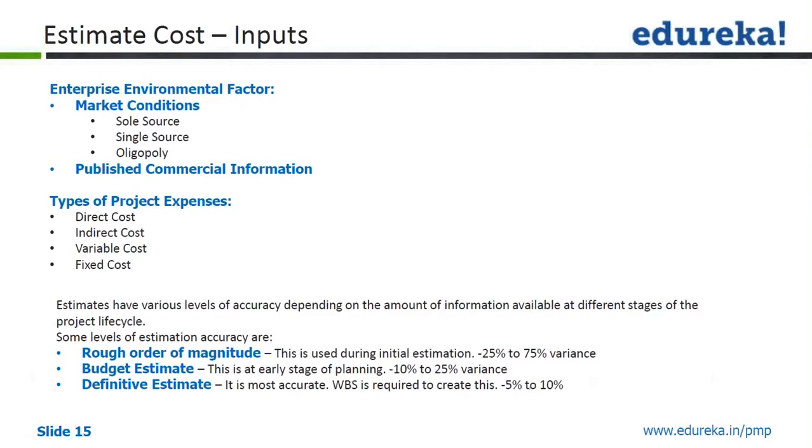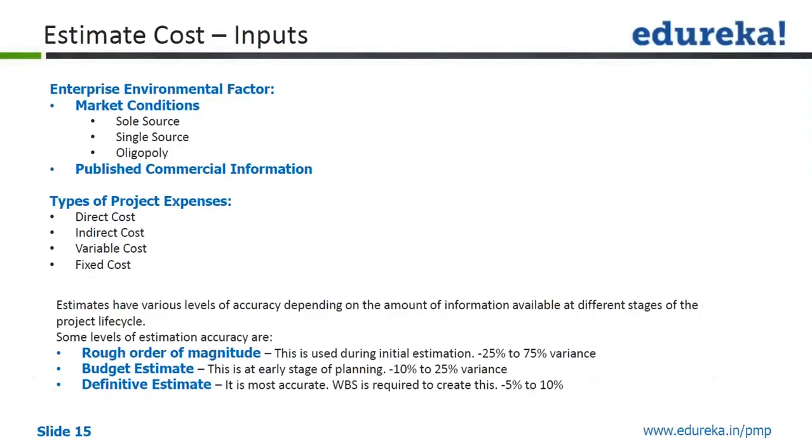Then estimates have various levels of accuracy. Based on the project life cycle stage, you will have various levels of accuracy for estimation. One of which is a very initial estimate, a rough order of magnitude, also called ROM.